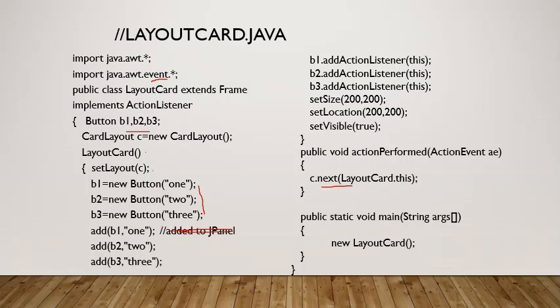Then B1 dot add action listener this, B2 dot add action listener this, all the 3 points of event handling: implements action listener, registration of the listener on all the 3 components, and then the action performed method is the third point. What if you click on the button? So C dot next, our program name, that is layout card dot this. So on this particular program, show me the next card. Okay, and call the constructor from the main.